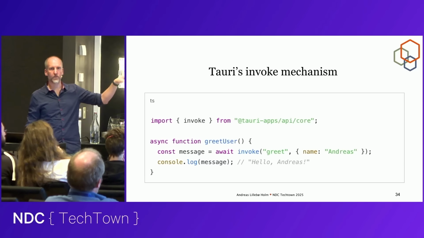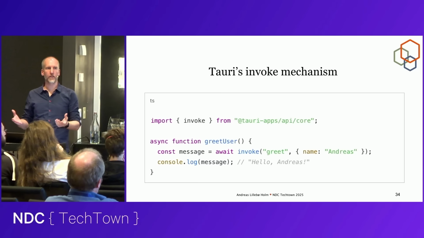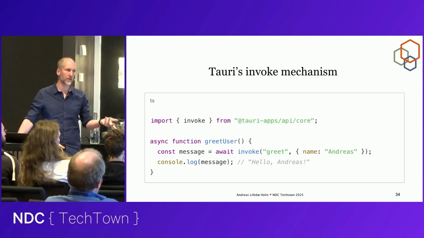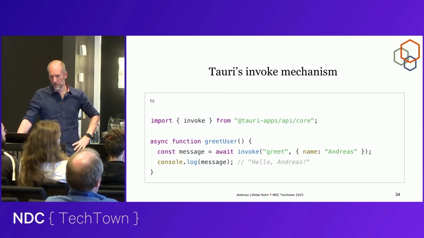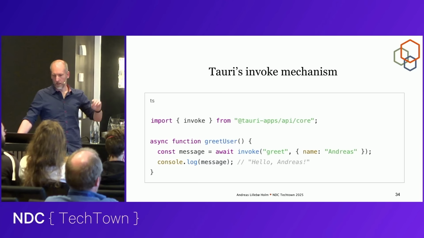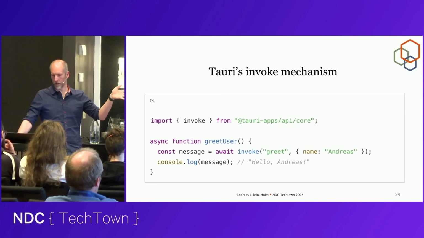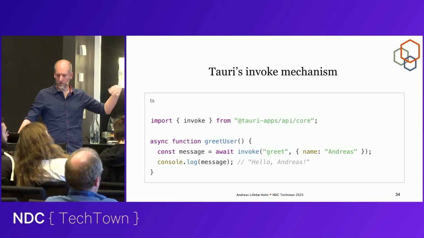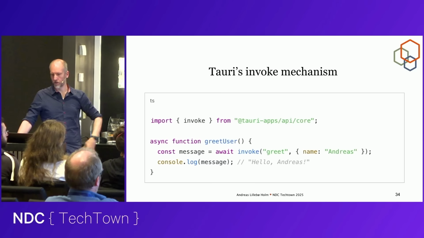So you can't do that in any third-party library that you include, or something from a different source than what you have already included in your application. But if you are in your application, you can use invoke and send greet, and I put my name in there, name Andreas, and you want to do something with that and listen for the message, and I've just done a console log here.